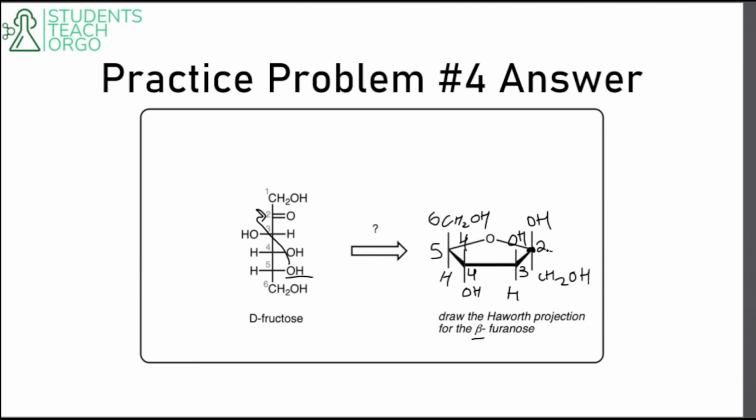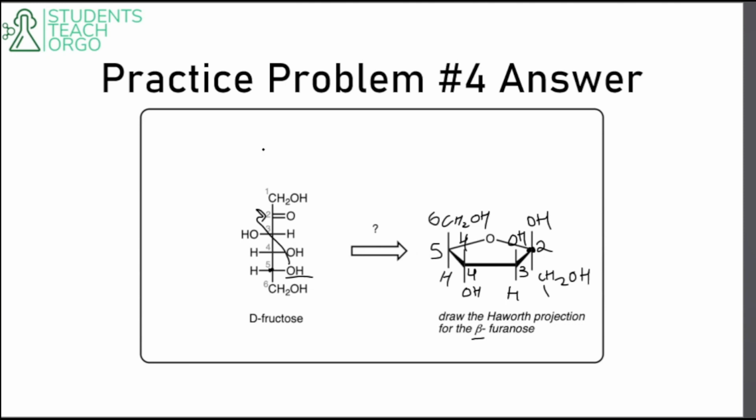And 2 is going to be our anomeric carbon, and then 5 once again is going to be the carbon that participates in that carbon-oxygen-carbon bond. And then from there, pretty much like always, clockwise numbering around the ring. And then don't forget carbon number 1 and carbon number 6.